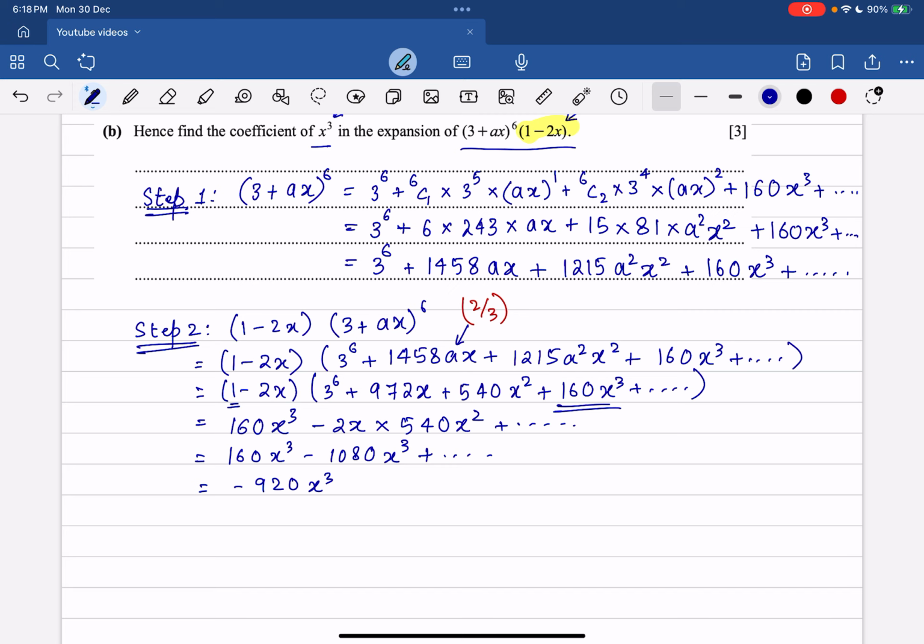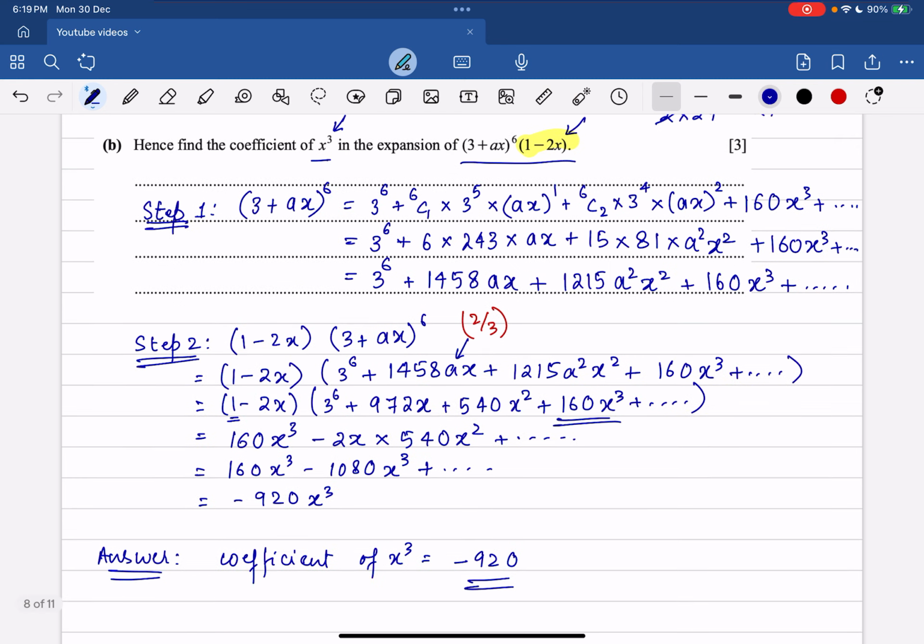And what have they asked? What is the coefficient of x cube? So don't you think that is my coefficient? So in your answer, what you'll write is the coefficient of x cube is minus 920. Okay, perfect.